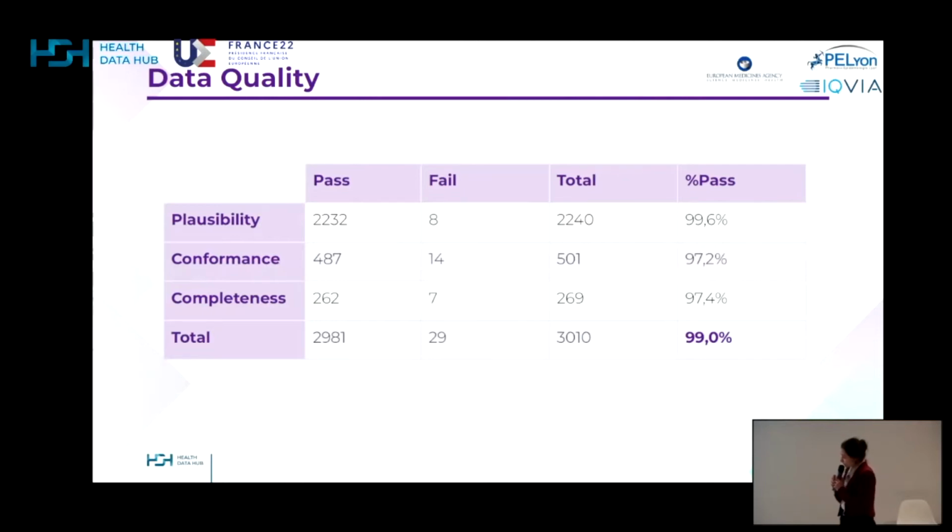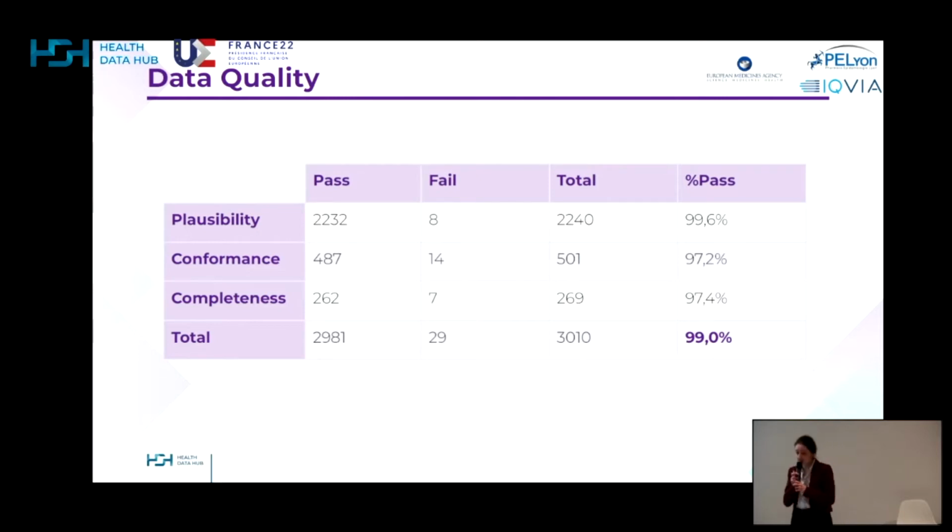So first, data quality checks. These are general results on the first checks with one Odyssey data quality tool, which is called Data Quality Dashboard. It is divided into three main subjects: plausibility, conformance, and completeness. Regarding conformance, it's about the relational schema, to be sure that it conforms with the OMOP CDM format.